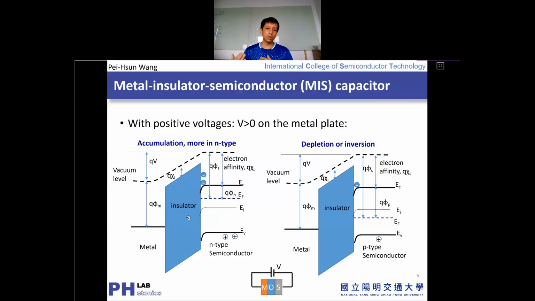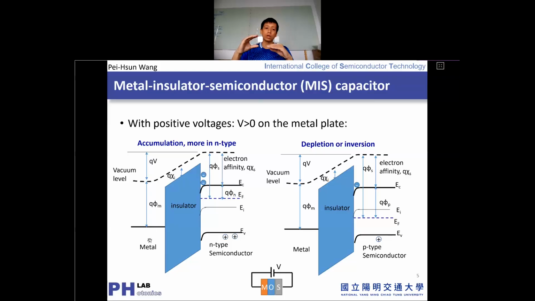As we previously mentioned, if you apply additional voltage, no matter whether it is positive or negative, the Fermi level splits between these two junctions. You can see that the electron affinity and the work functions are still the same, so you entirely shift the total band structure of the semiconductor relative to the metal.